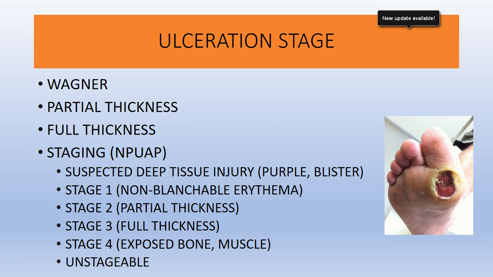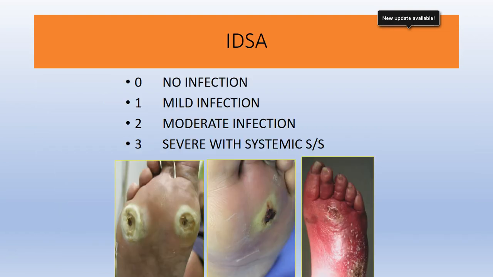Other methods are to describe wounds as either partial or full thickness, or utilizing the staging system of the National Pressure Ulcer Advisory Panel. Any of these systems are felt to be acceptable. There are certainly other ulcer staging systems, but from an anatomical standpoint, it's, I think, a good idea to make reference to some accepted standard ulcer staging system.